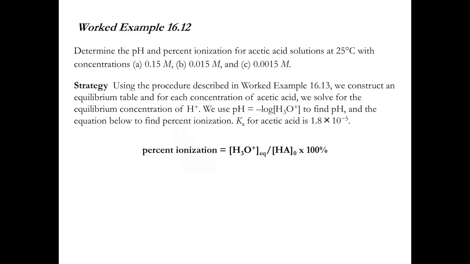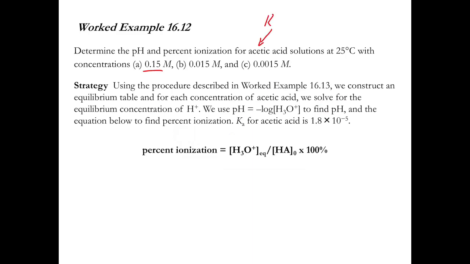So go ahead and take a few minutes and work through this problem with me. So let's figure out just A together, all right? And if you want to, you can do part B and part C, but we'll just do A together, all right? We can do an equilibrium table, and then we're gonna solve for our final concentration of H3O plus in an acetic acid solution.